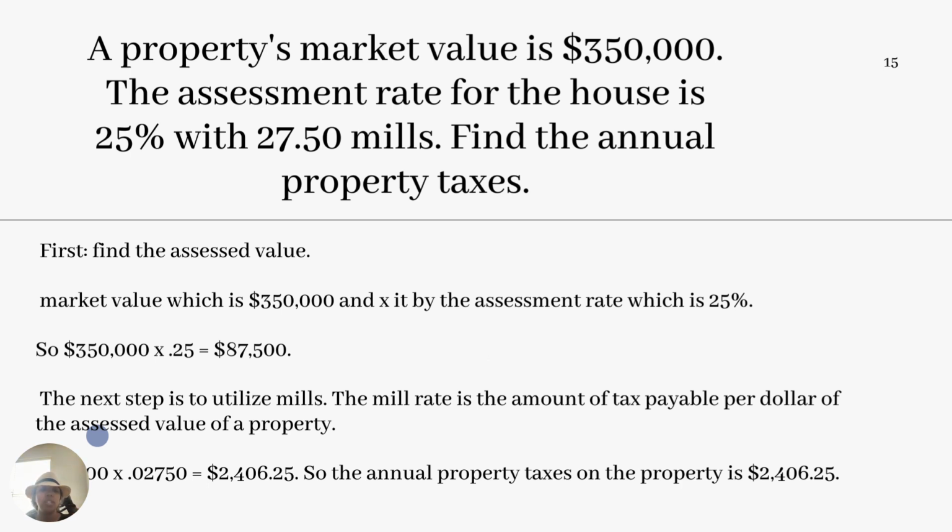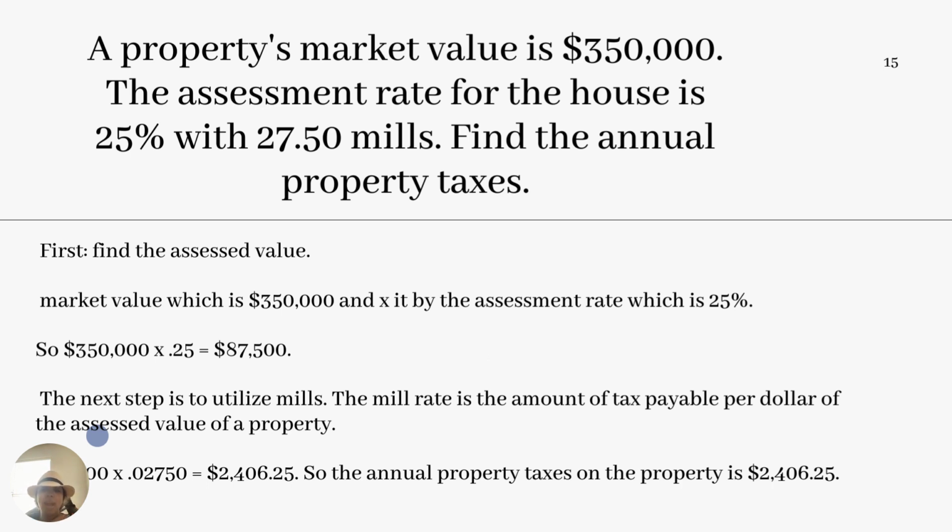Okay, so the next step is to utilize the mill. For those who need to know the assessment value, which is everybody, we just said 350,000 times 25% gives you 87,500. Now, for those who may have the mill on their test, remember that the mill rate is the amount of tax payable per dollar of the assessment value of the property.